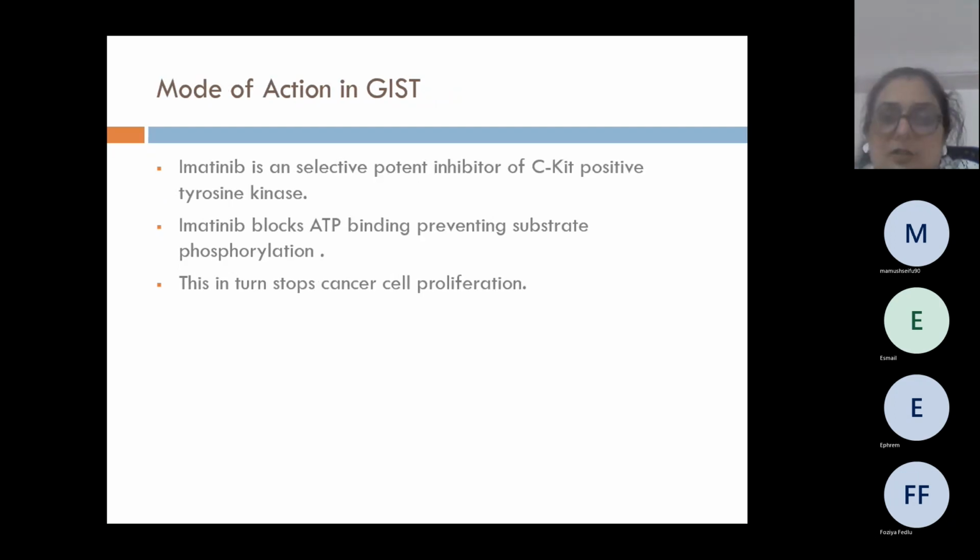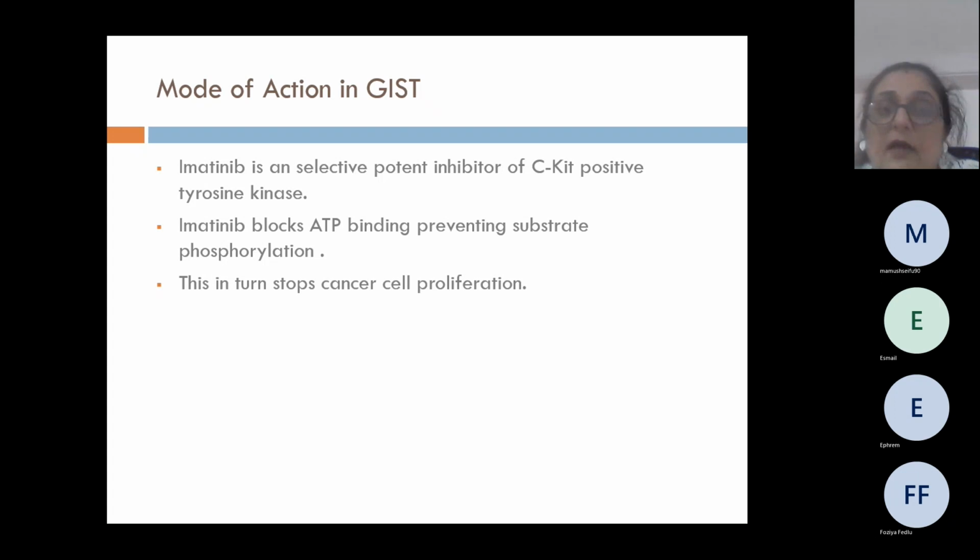So what is the mode of action in GIST? Imatinib is a selective potent inhibitor of c-KIT positive tyrosine kinase. Like imatinib was a potent inhibitor of the tyrosine kinase in CML, here it's a potent inhibitor of c-KIT positive tyrosine kinase. So it will go and inhibit the c-KIT positive tyrosine kinase.